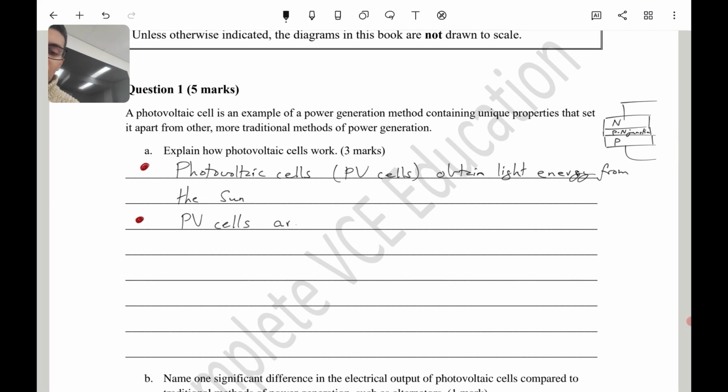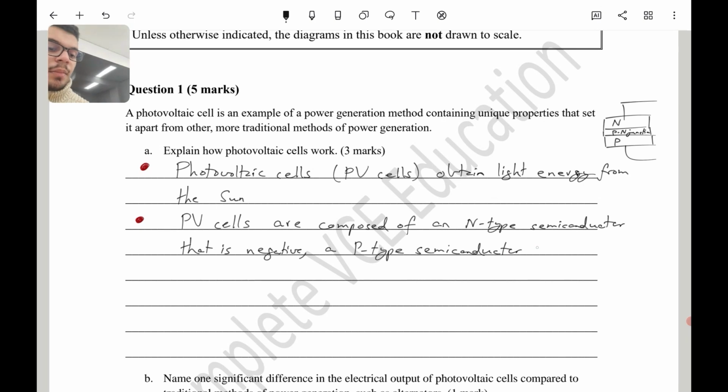So PV cells are composed or made up of an N-type semiconductor that is negative, a P-type semiconductor that is positive, so P for positive, and a P-N junction between them.